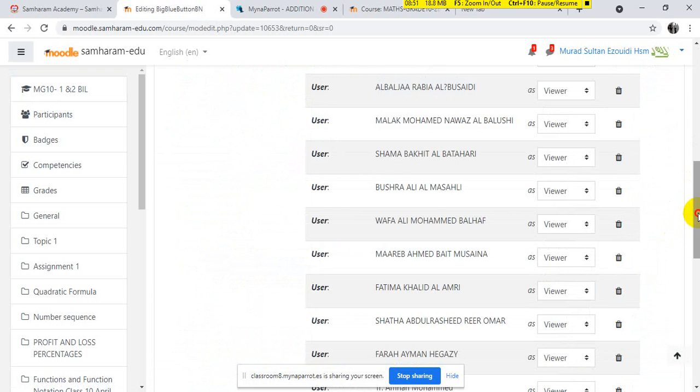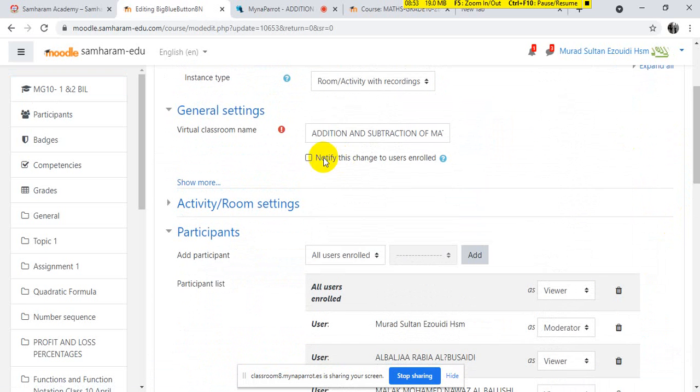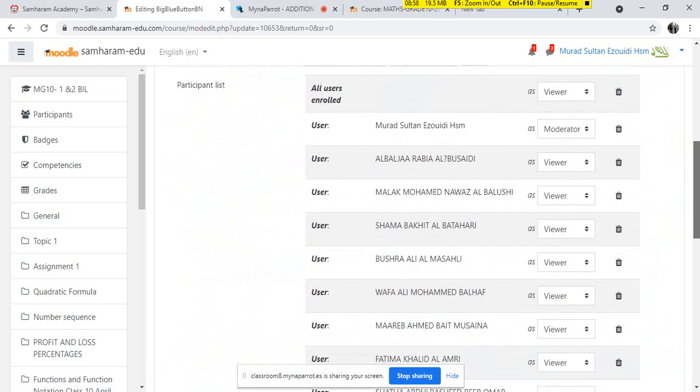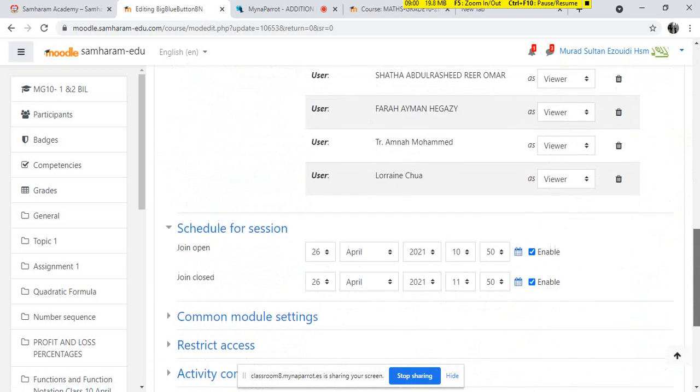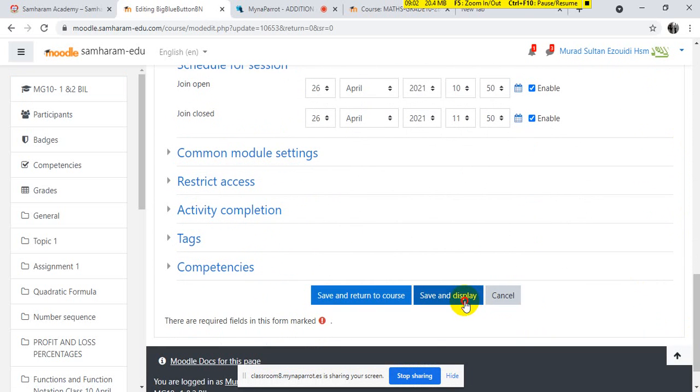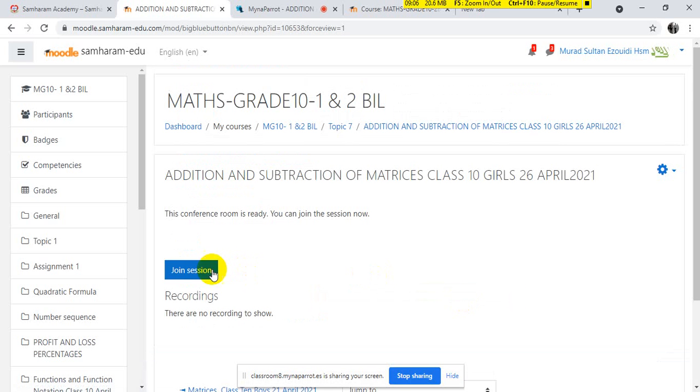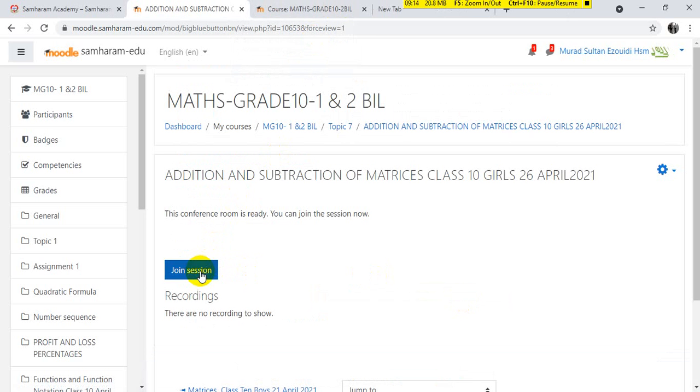So notify. Okay. So Al-Balja, Malek, Sham also, all of them are here, my daughters. So I will join from this. Okay, I will join from this one. I will just close this one. Okay, then I will join again. Okay, I will join from this one. I will check the number of students.